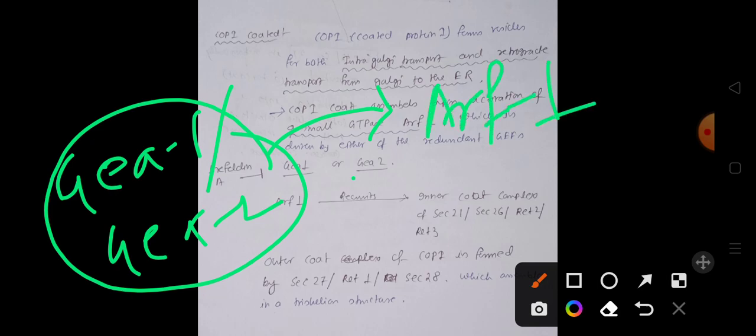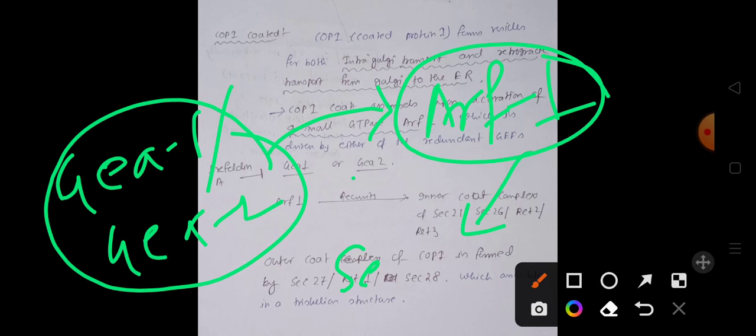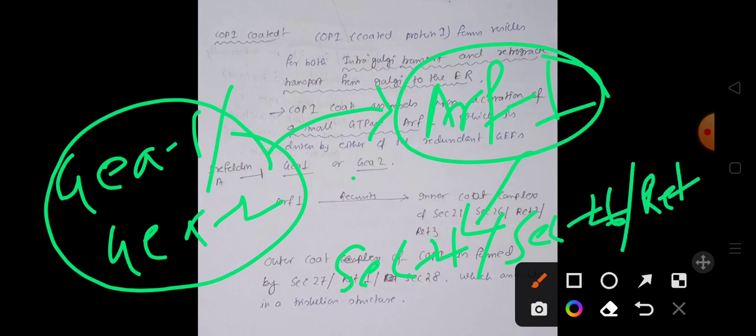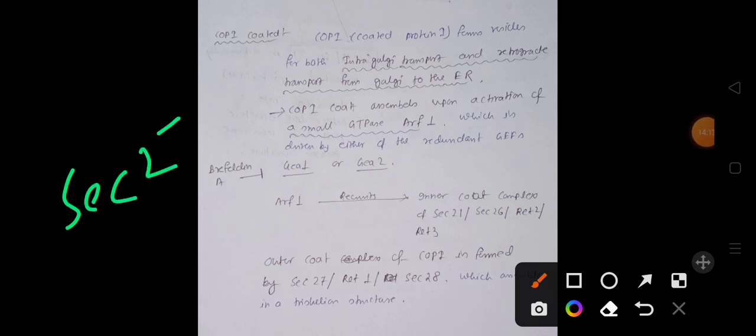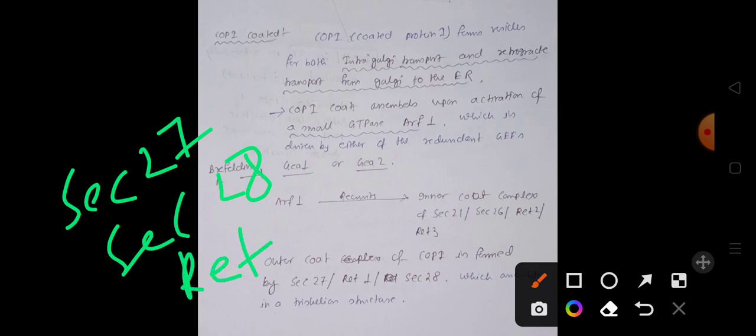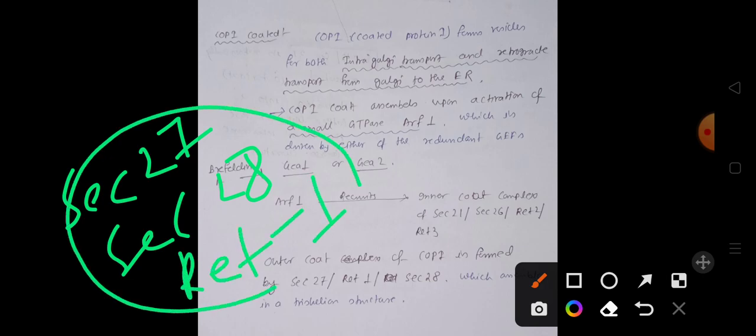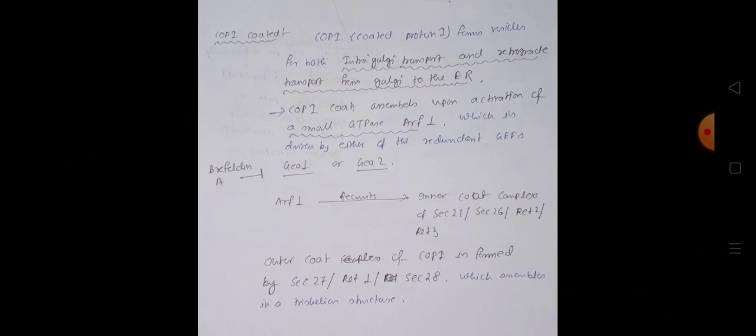Now this ARF1 will in turn recruit various things that play an important role in the inner coat complex formation: SEC21, SEC26, then RAD2 and RAD3. Along with that, other SEC proteins, for example SEC27, SEC28, and one RAD protein named RAD1 will form the outer coat, and they will together assemble to form a triskelion structure, that is COP1.